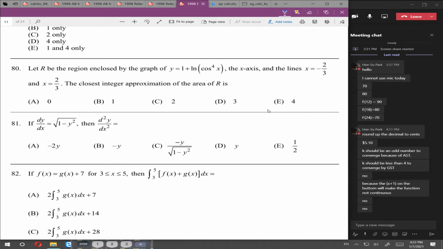Okay, for 80, I've got some region R that is enclosed by this graph, the x-axis, and x equals negative 2/3 to positive 2/3. I want to know what the closest integer approximation of the area would be. I do have a graphing calculator, so I forget who we're on. Eric, what do I need to do?